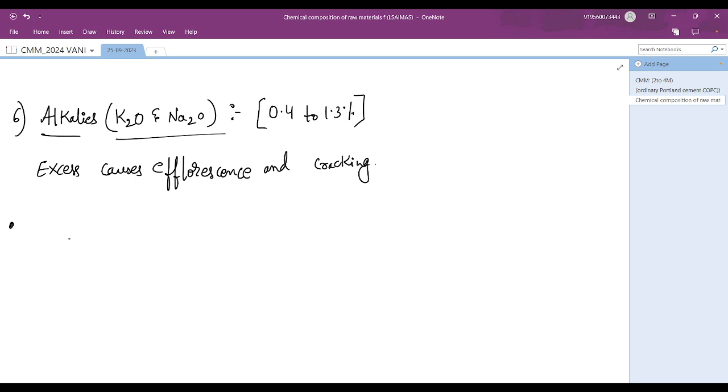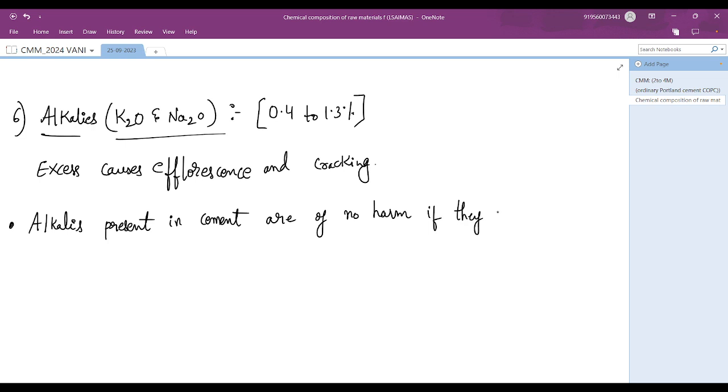Alkalis present in cement are of no harm if they are in dissolved form in water.